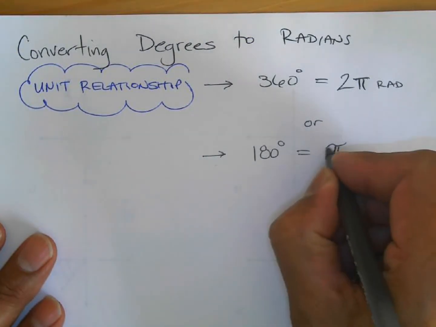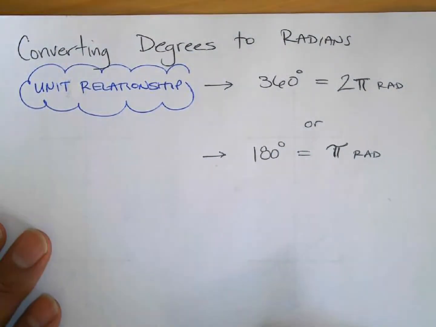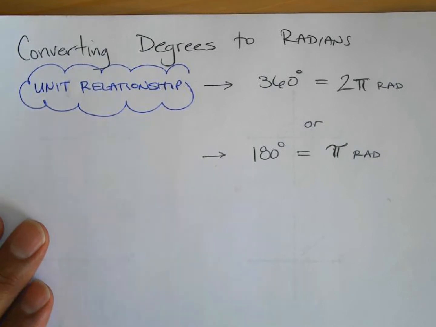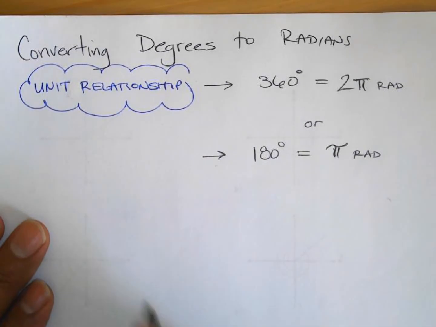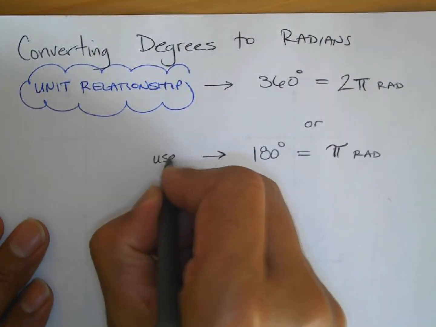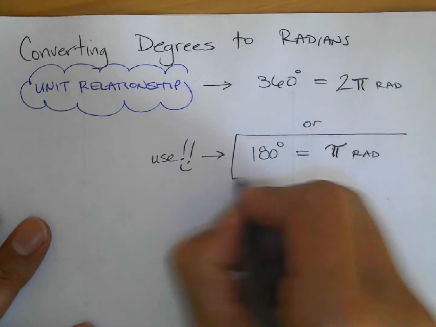Pi is equal to 180 degrees, or 1 pi radian, right? RAD is short for radians. This is the one you're going to use.